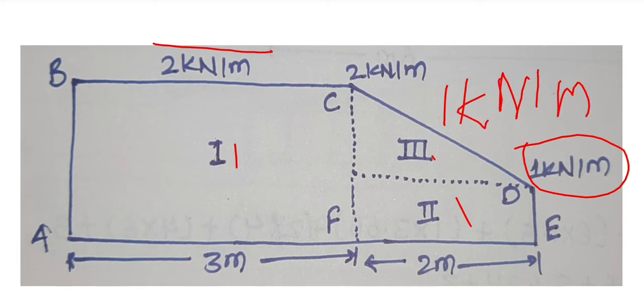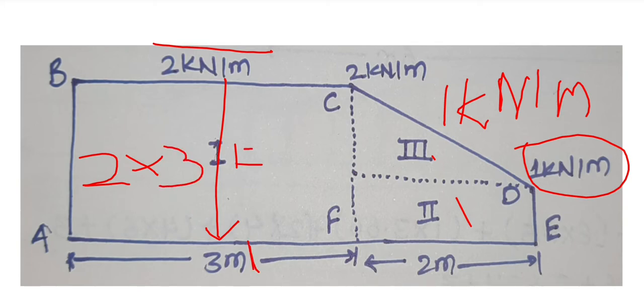Now, first of all we will find the point load for the uniformly distributed load of part 1. The point load will be 2, that is the load, times this 3 meter span, that is 6 kN.